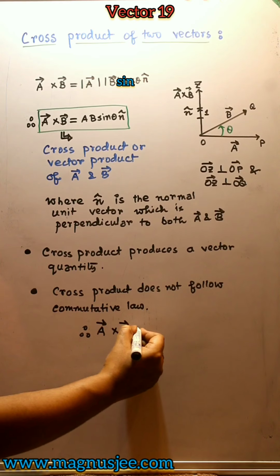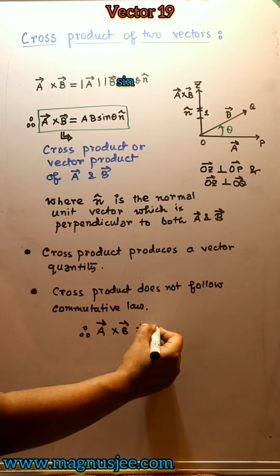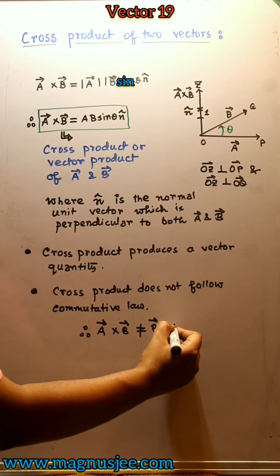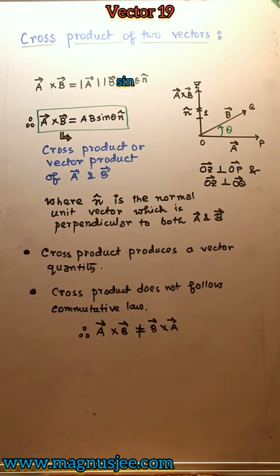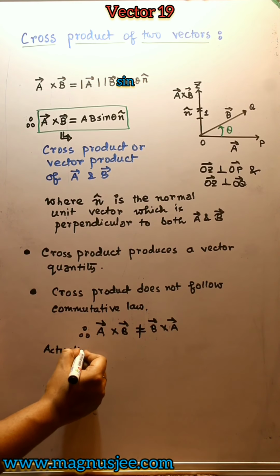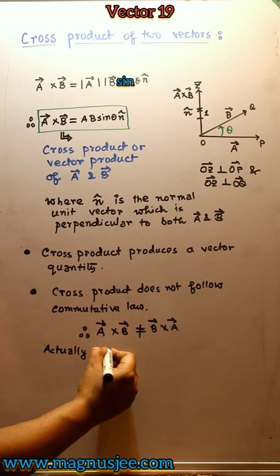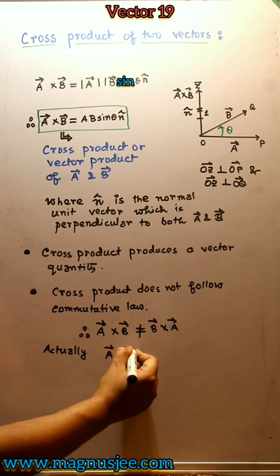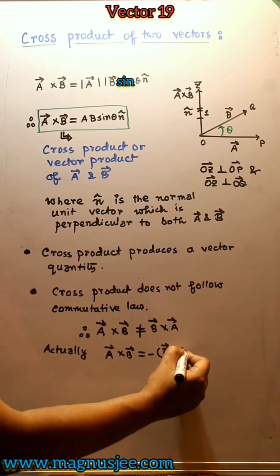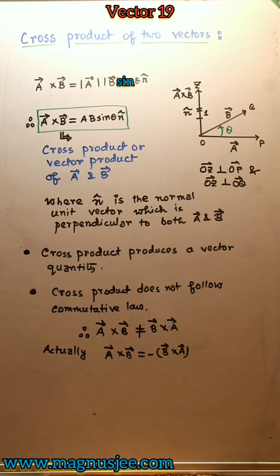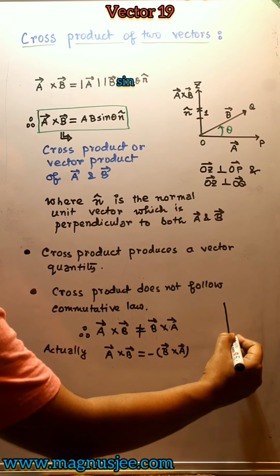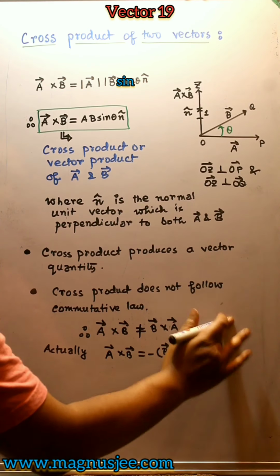Hence vector A cross vector B is not equal to vector B cross vector A. But dot product follows commutative law, that was vector A dot vector B equal to vector B dot vector A. Actually, vector A cross vector B equals minus vector B cross vector A. That means vector A cross vector B is a vector which is negatively equal to vector B cross vector A.